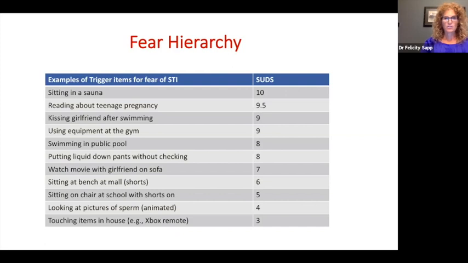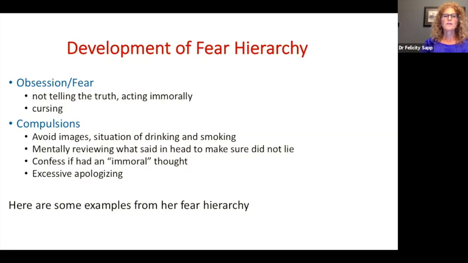And I have one more example that I wanted to show you. So this was a 14-year-old girl, and she had a fear that she was going to act immorally, cursing, not telling the truth. And she actually had a fear that she was going to become a drunk, and to her, these were considered immoral.